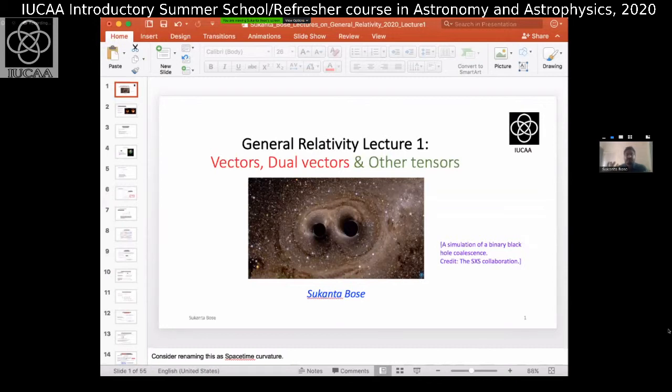The answer is no, nothing is coming out of the black hole. But if you take two black holes, as they orbit, they will fall in, and that falling in this gravitational potential, so to speak, is providing the energy and momentum that is then lost in gravitational waves.